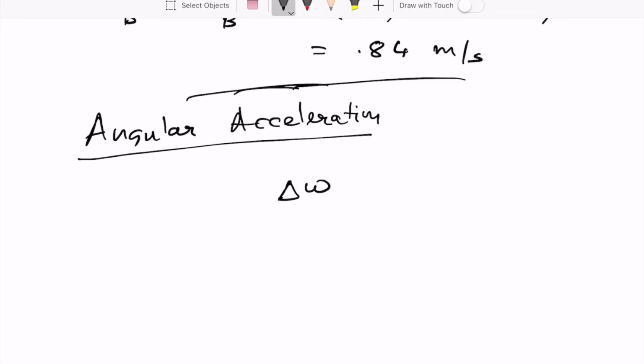What's an example of something moving where the omega is changing? If you've ever seen a fan, you switch the fan on, then at first the fan is not rotating, right? Its blades are at rest, but then it starts speeding up. That's an example of something that's rotating and speeding up.